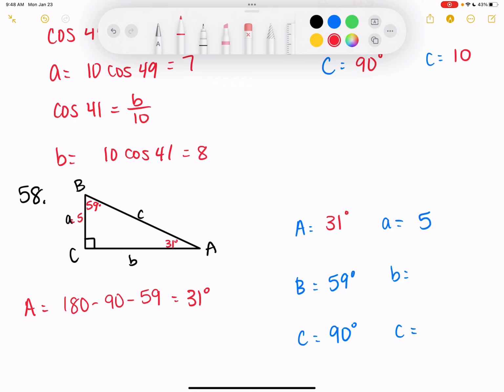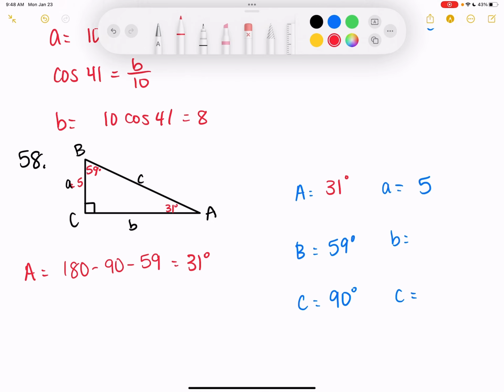All right, so which trig function and which angle should I use to find side B? Or which one do you want me to use? We could use the tangent of C. I can't use angle C, because it's 90.